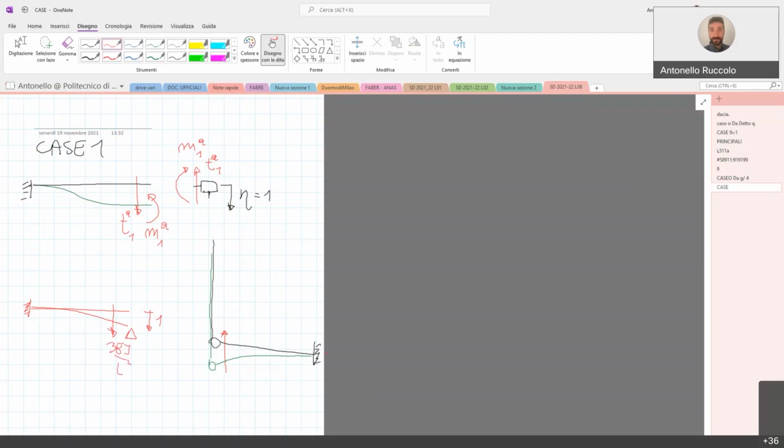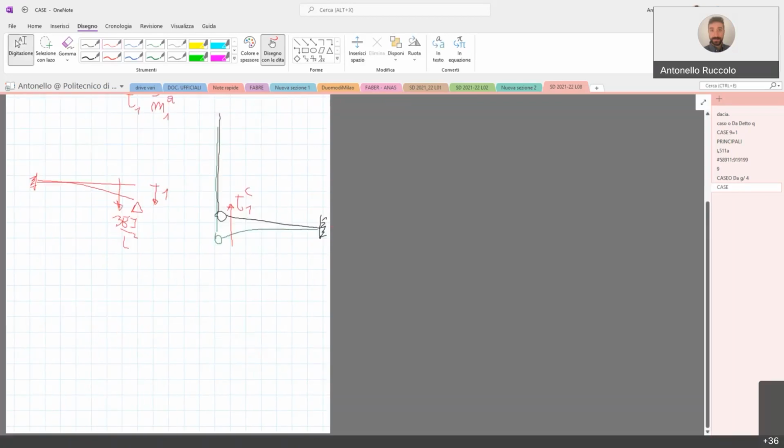So we have T1, and the values of the unknowns are M1A, which is equal to 6 iota over L to the power of 2, T1A, that is 12 iota over L to the power of 3, and T1C is equal to 3 iota over L to the power of 3.